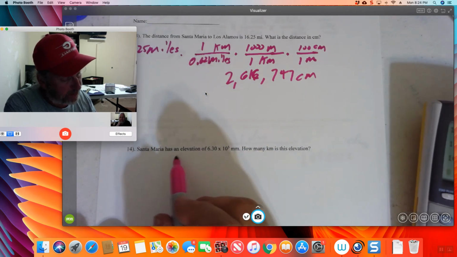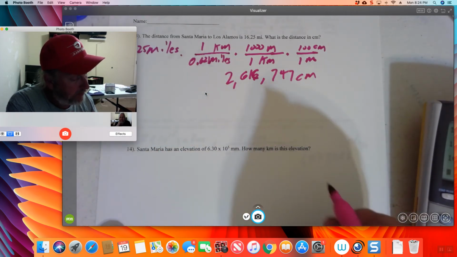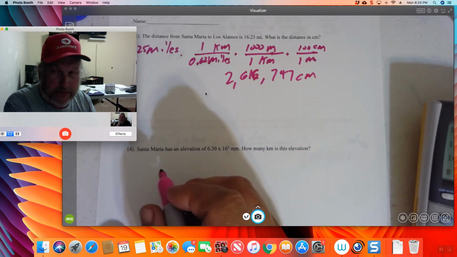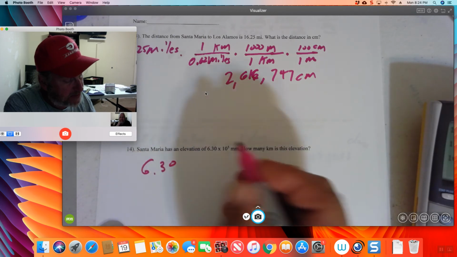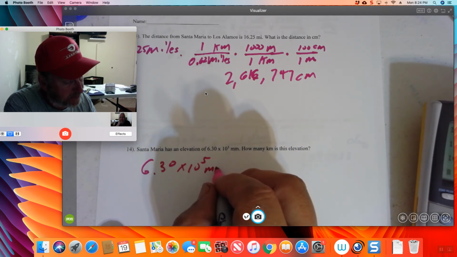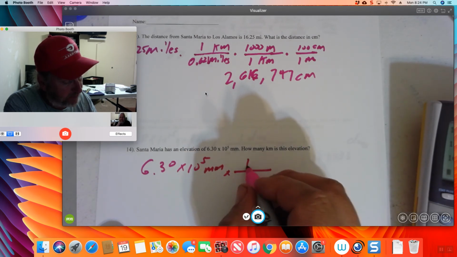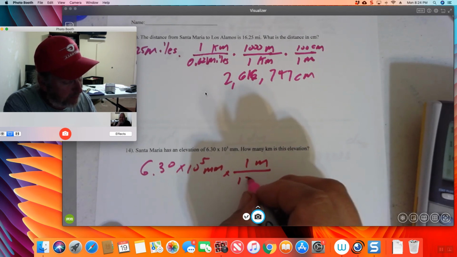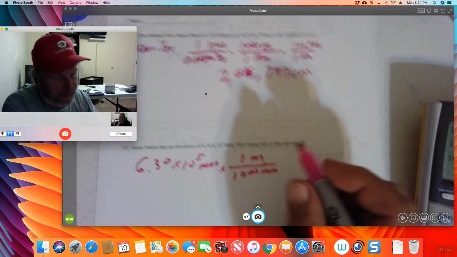So we get to Santa Maria, and it's got an elevation of 6.3 times 10 to the 5th millimeters. How many kilometers is this elevation, or how tall is it? This is actually not too bad. Put this in scientific notation, millimeters. Let's get this to a base unit. For every 1 meter, there's 1,000 millimeters, because milli means 1,000th.